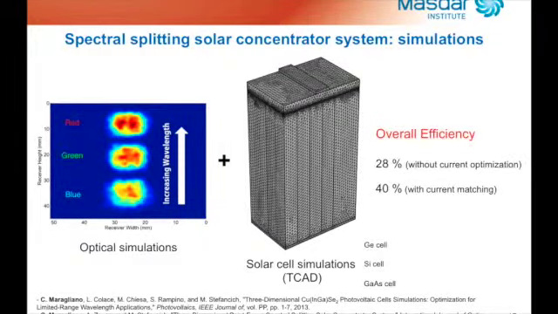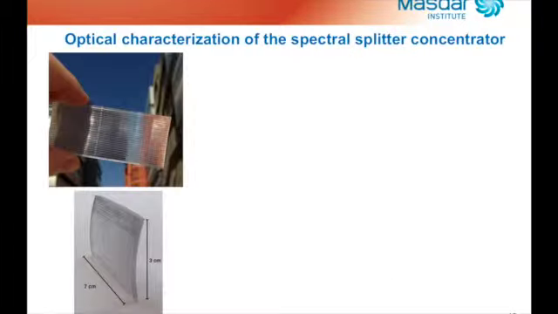We obtain in this case an overall efficiency of 28% without any current optimization, and we also determine a maximum efficiency of 40% in case we have current matching between the different solar cells. So the simulation confirmed the very good potential of such a system.